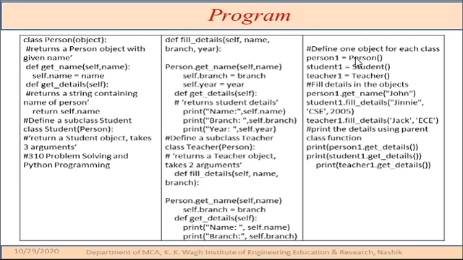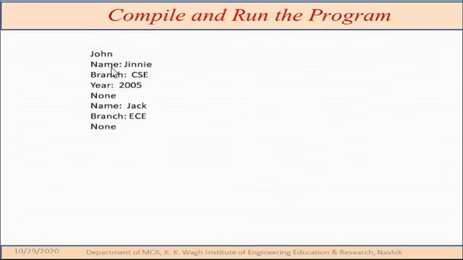Simply I have created the object for the child classes, the student class and the teacher class. And with the help of that object I have simply called the get details method, and if we run this program then the output is generated here. Person name is given here John, whereas the student details are shown here as Johnny.